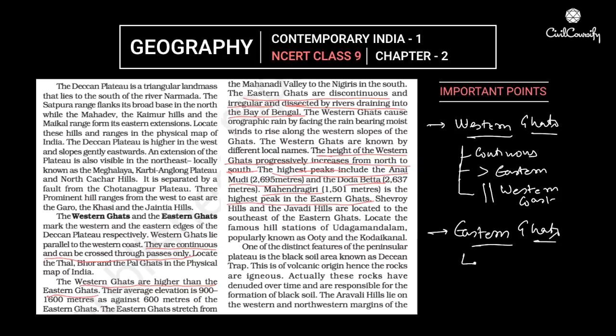They are not continuous; they are discontinuous, because they are dissected by a lot of rivers that drain into the eastern coast of India, and the highest peak of the Eastern Ghats is Mahendragiri, and the highest of the Western Ghats is Anaimudi. So these are the important points about the Western and the Eastern Ghats.